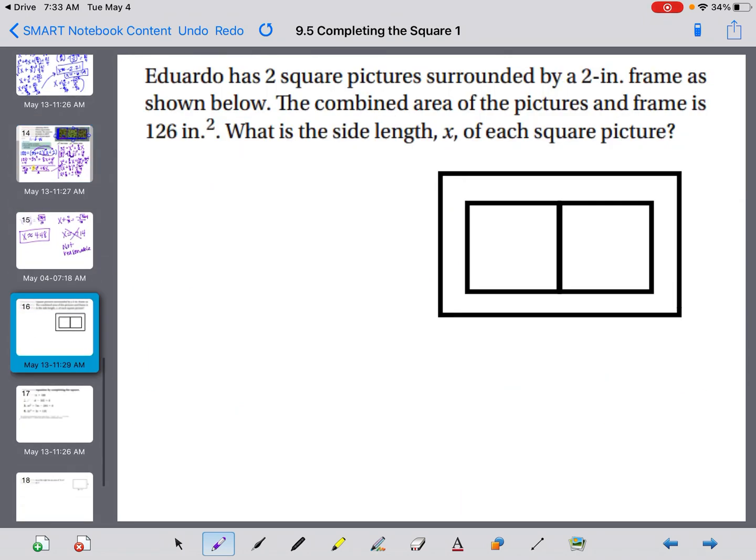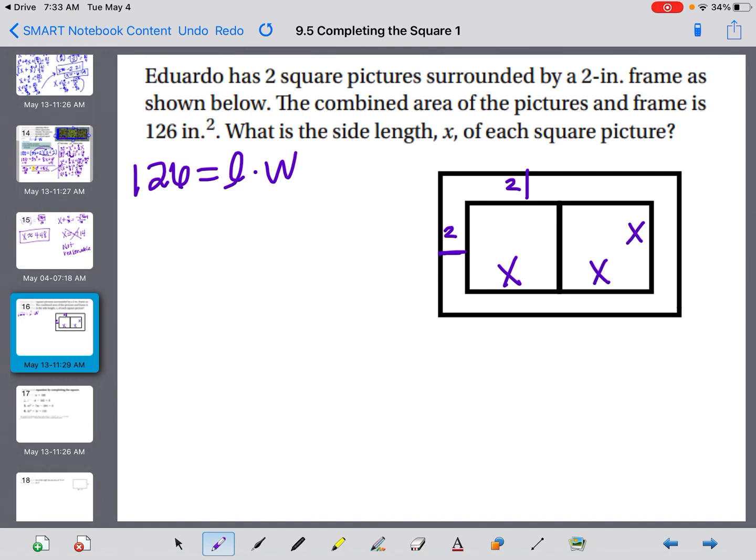Okay, next word problem. Eduardo has 2 square pictures surrounded by a 2-inch frame as shown below. Okay, so this is 2, this is 2. The combined area of the pictures and the frame is 126 inches. What is the side length x of each one of these?